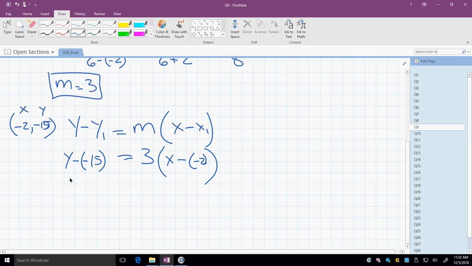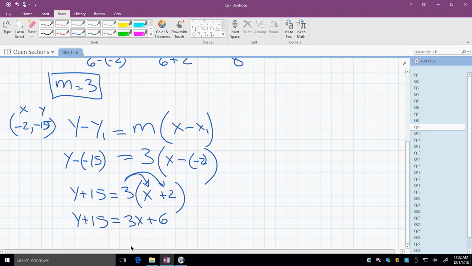I'm going to clean this up. Negative times a negative is going to be a positive 15 equals 3 times x, clean my signs, it's going to be a positive 2. Now I'm going to start working this out. First, start by distributing the 3. It's going to give you 3x plus 6.